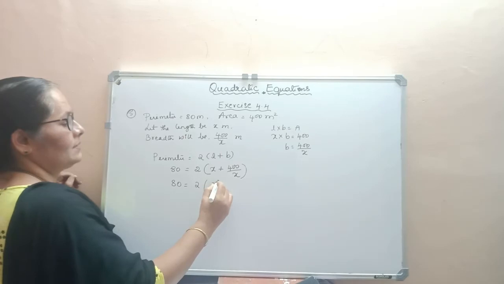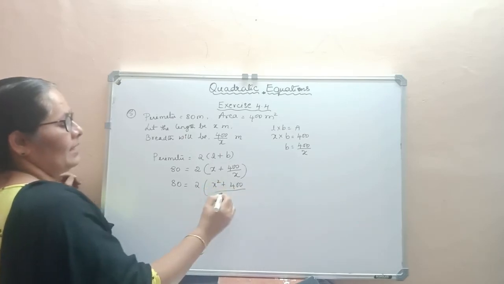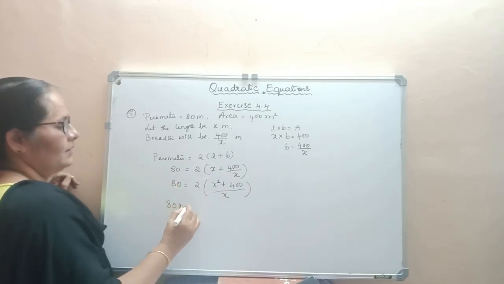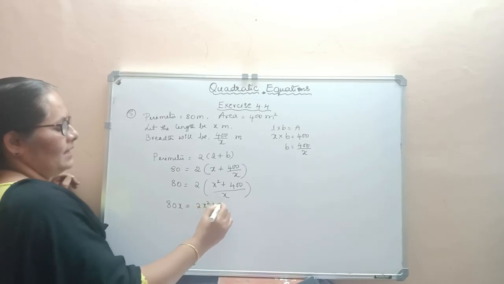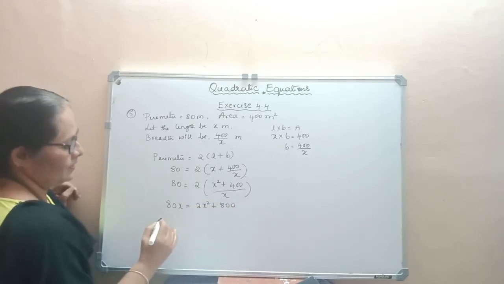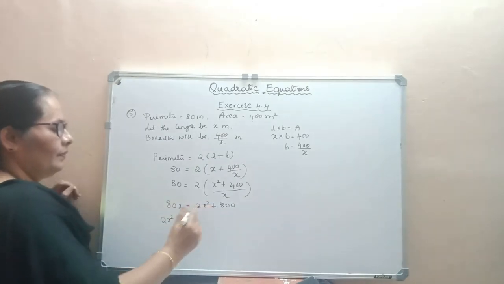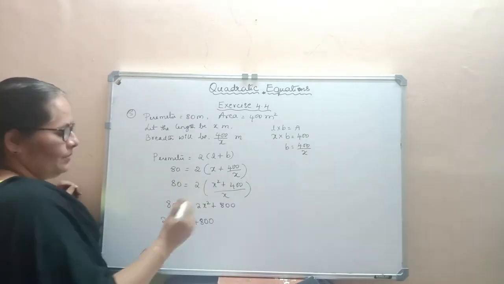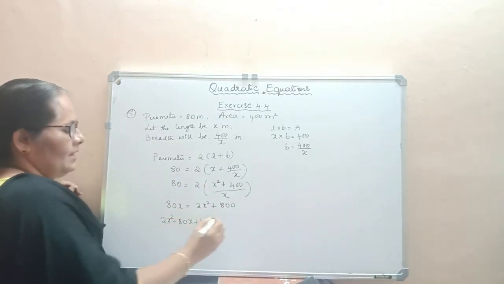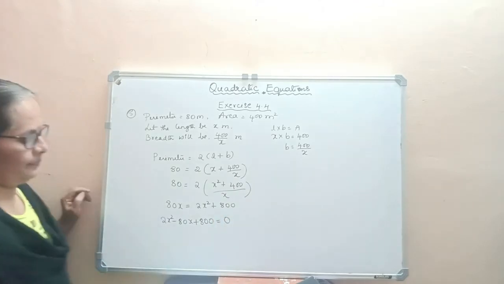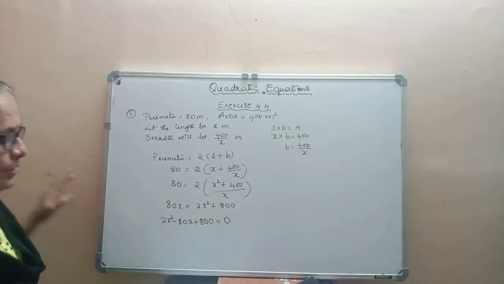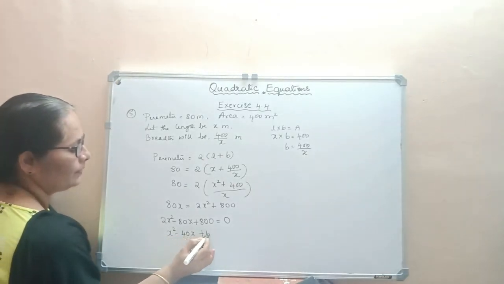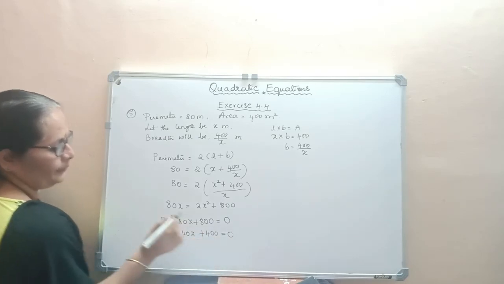Cross multiply, you get 80x equals 2x square plus 800. Take 80x to the other side: 2x square minus 80x plus 800 equals 0. Now divide the whole equation by 2. You will get x square minus 40x plus 400 equals 0.